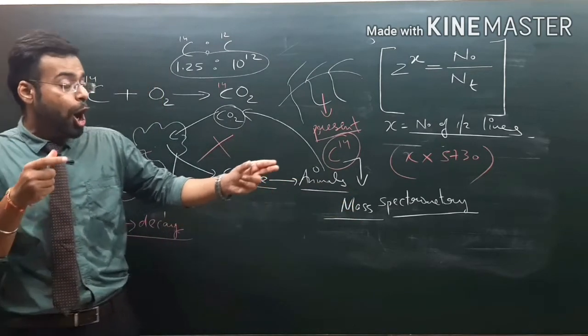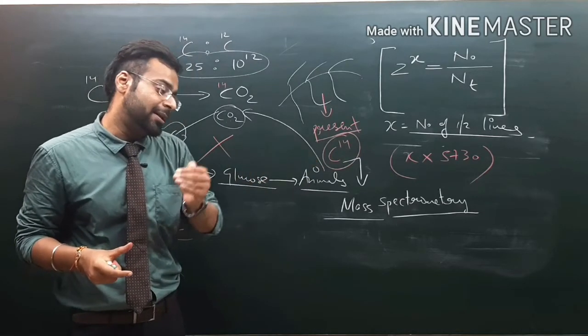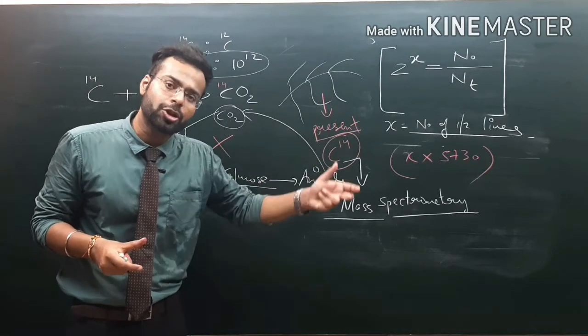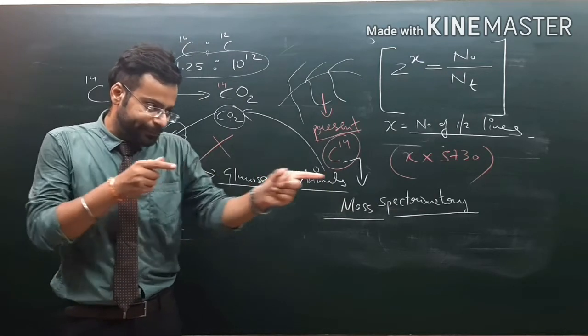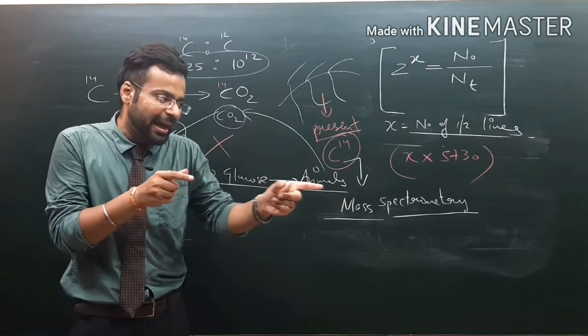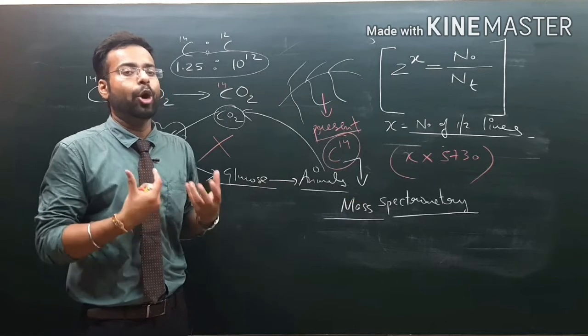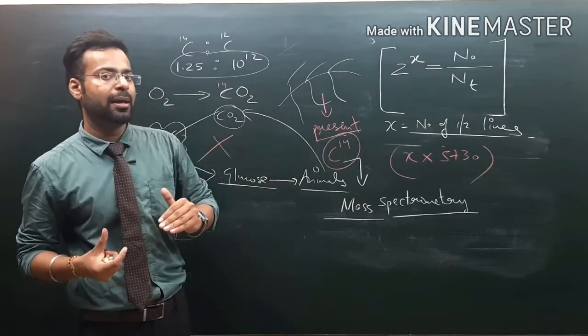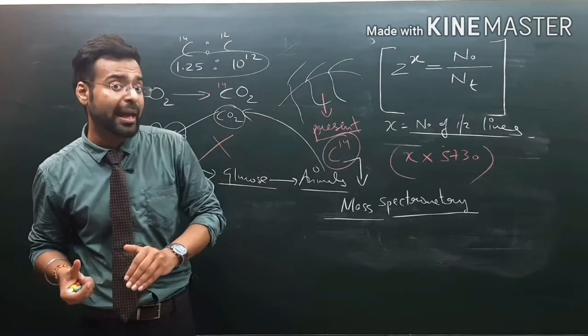And we know how much time it takes to become half. We know how much time it takes to reach a certain ratio. So now we relate the decaying amount with the time and calculate approximately how many years back it might have started decaying.